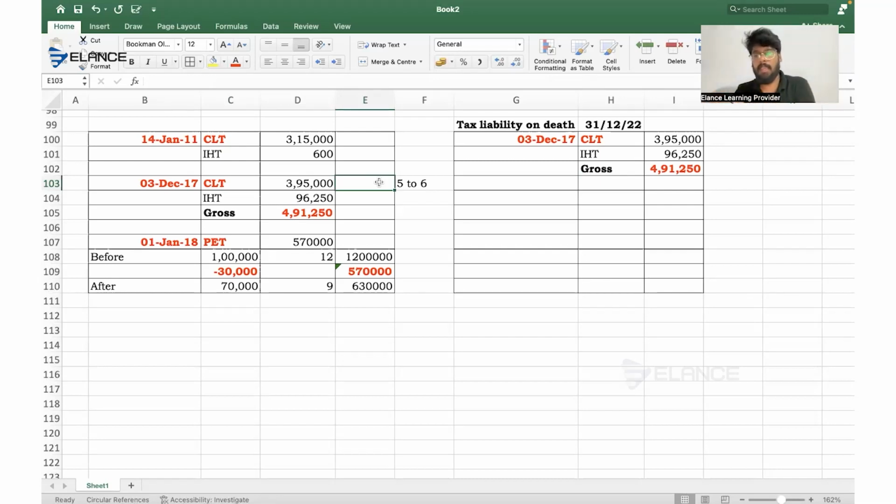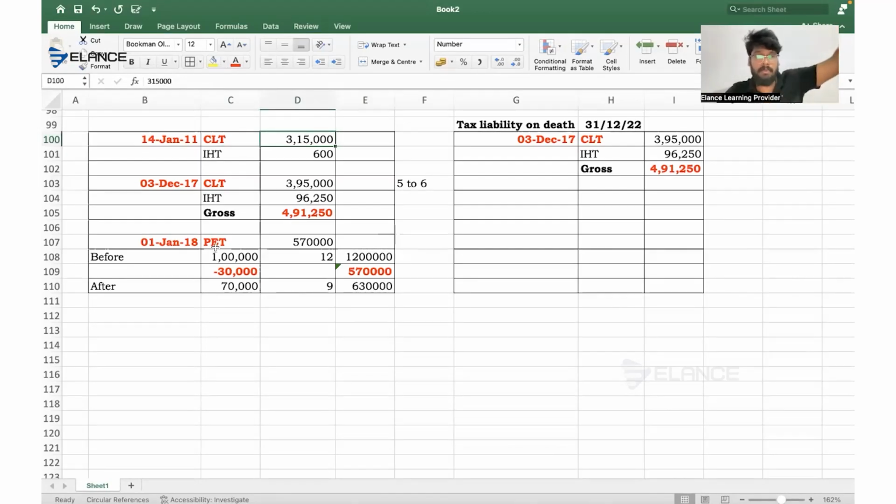At the time of making every transfer, we check if there were any transfers made in the last 7 years. Counting 7 years back from 3rd December 2017, there was a transfer in 2011, a chargeable transfer of 315,000.